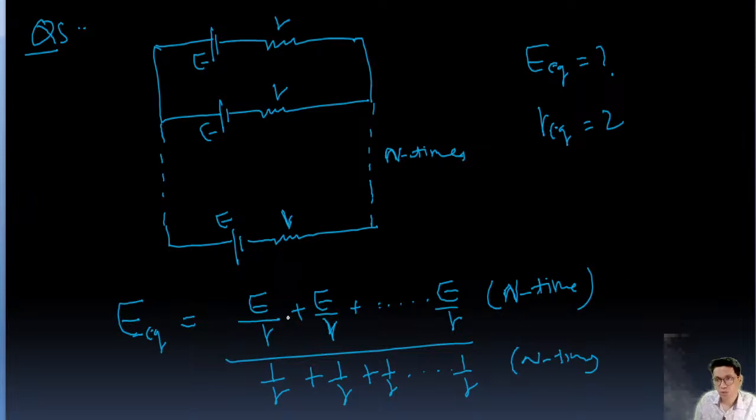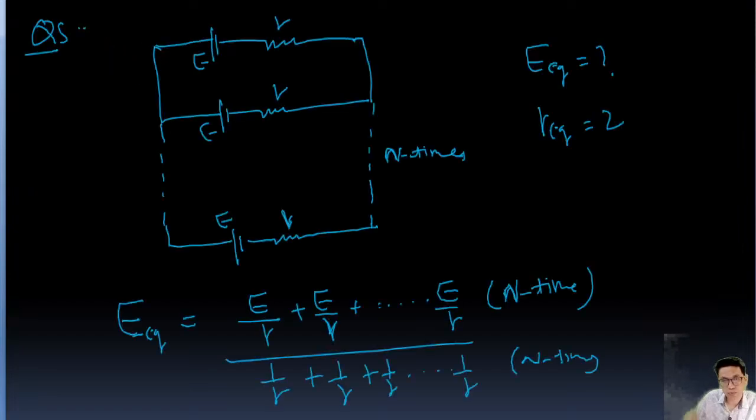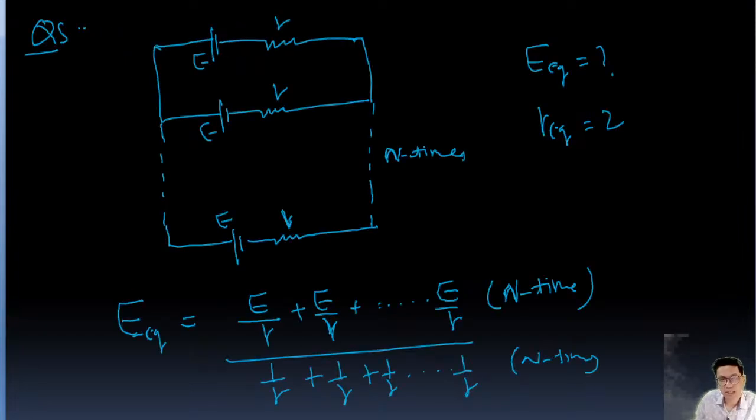So E equivalent is going to be this one. This is n times, so nE upon R, and this is n upon R, because they are added n times and they are also added n times.